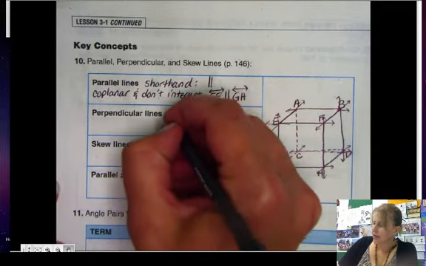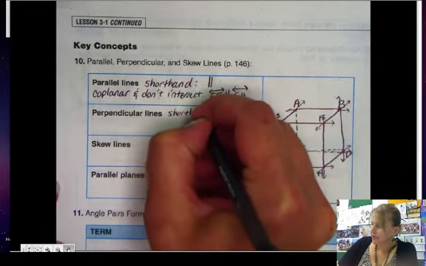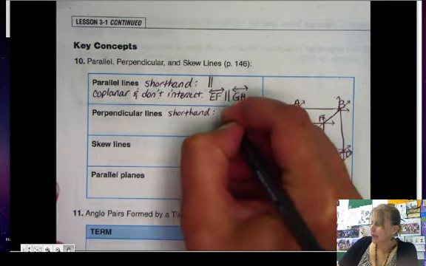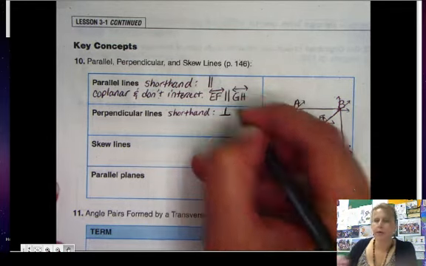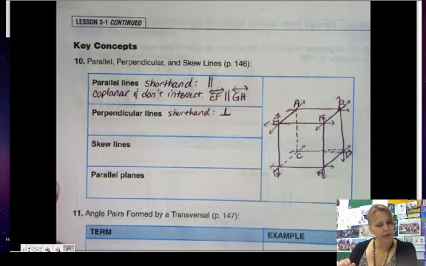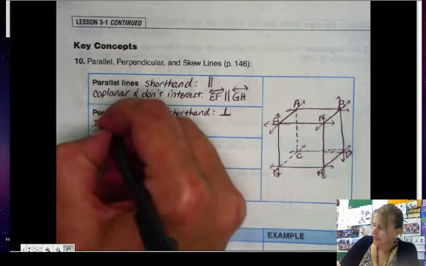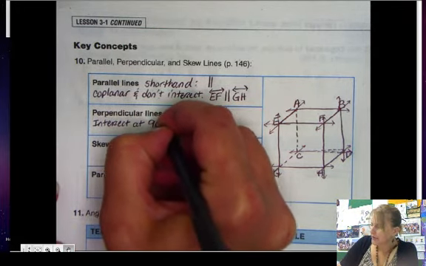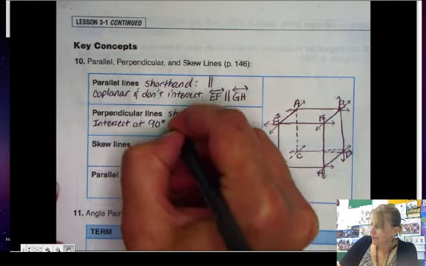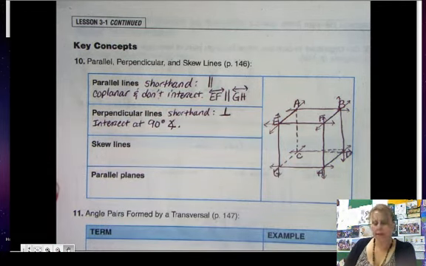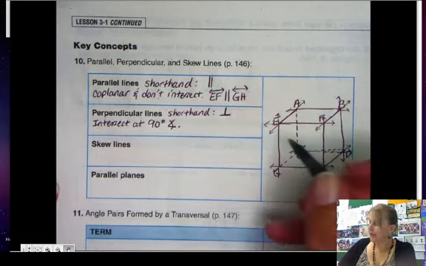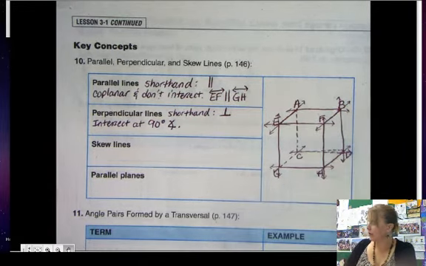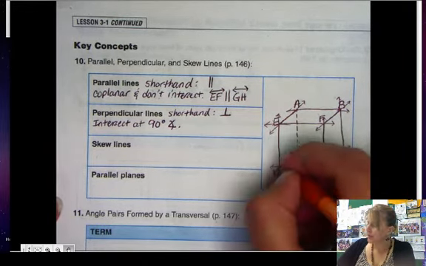Perpendicular lines: the shorthand is an upside down T. Perpendicular lines are lines that intersect at 90-degree angles. For example, in this case, this is a cube, so I can assume that this is a right angle there.